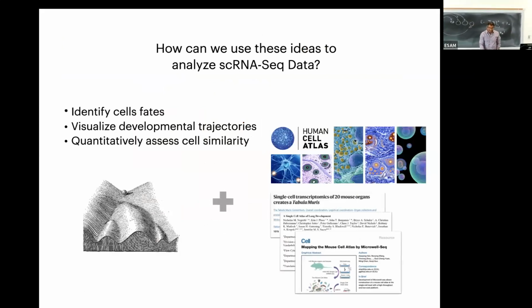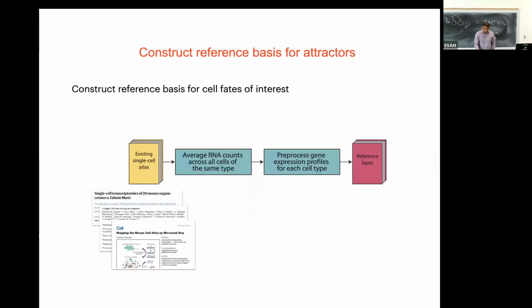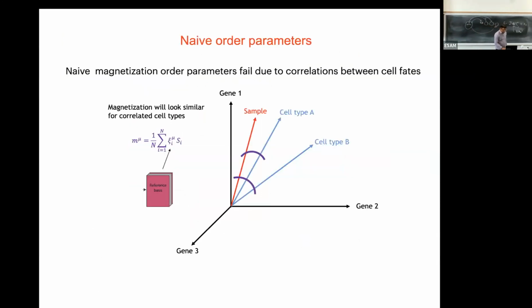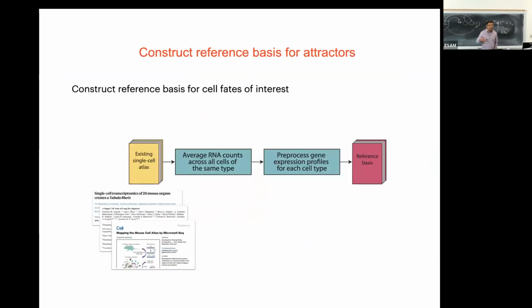So how do we use these ideas to analyze single cell RNA-seq data and assess cell similarity? The basic idea is that we just construct these atlases. The only trick that we do in all these things is a normalization trick, where we normalize each cell to itself.